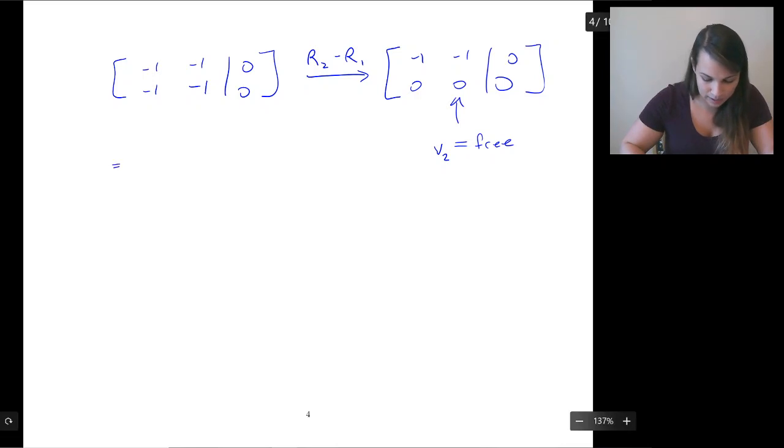So we can say negative v1 minus v2 equals 0. We can express v1, which is our basic variable, in terms of v2.